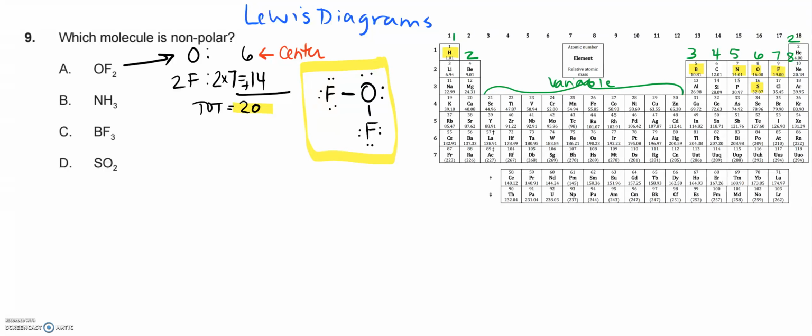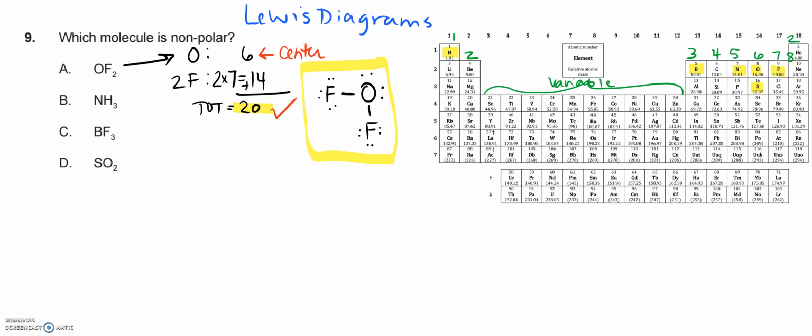I meet my total, that's good. And then I'm going to look at each of these species individually. So I've got 2, 4, 6, 8 for each of them. Each of them feels the effects of 8 electrons, so they're all good. Get those out of the way for now.